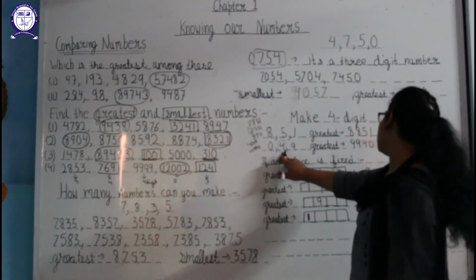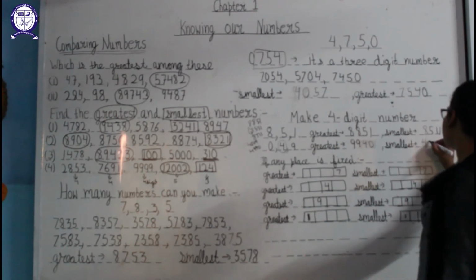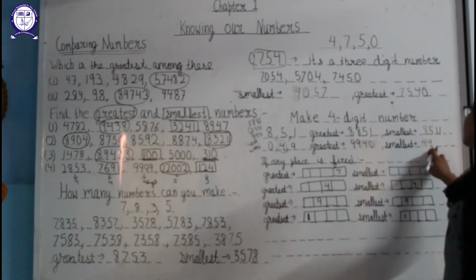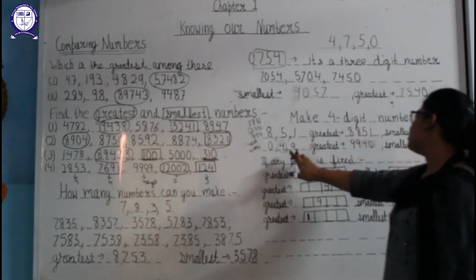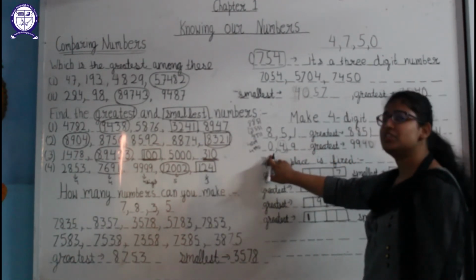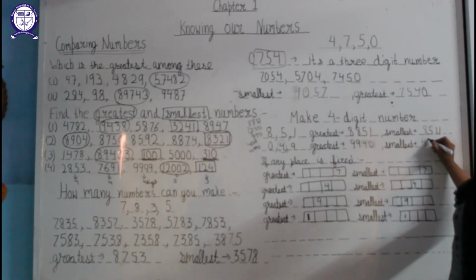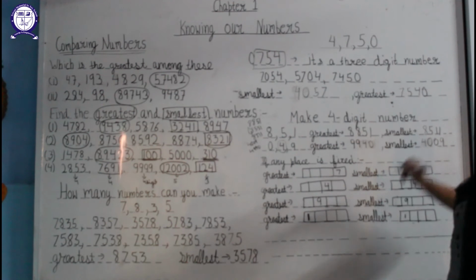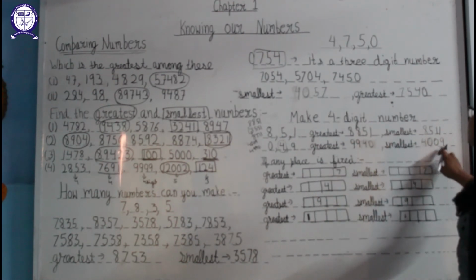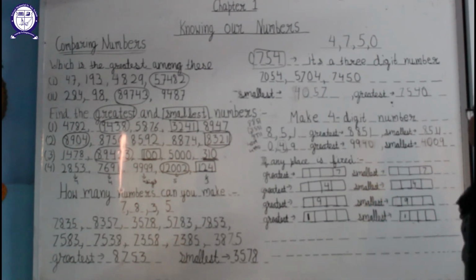If we use 4 twice, then it will not be the smallest number. So after 4 we should use 0, 0 twice to get the smallest number. So we will use 4, 0, 0 and the left one is 9, because we have to use all the 3 given digits. So 4, 0, 0, 9 will be the smallest 4-digit number.